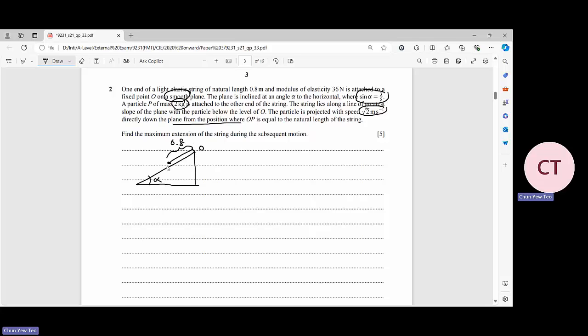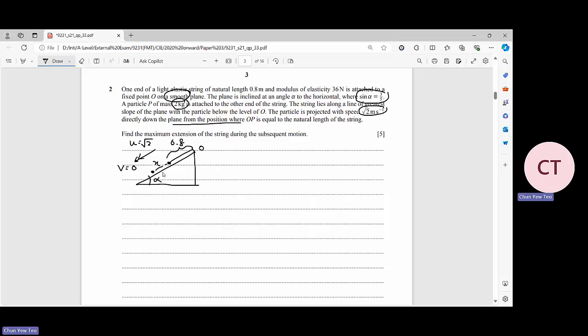Then it is projected down with u equal to root 2, and then comes to the maximum extension. That means your v will be 0. Then we need to find the extension over here, x.